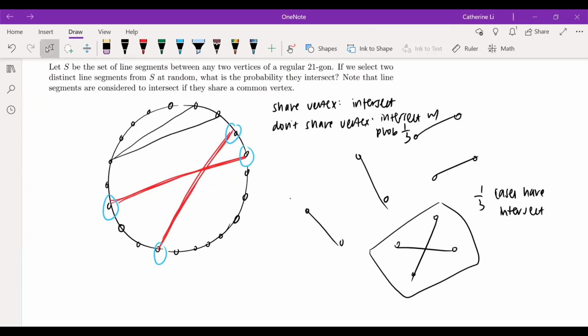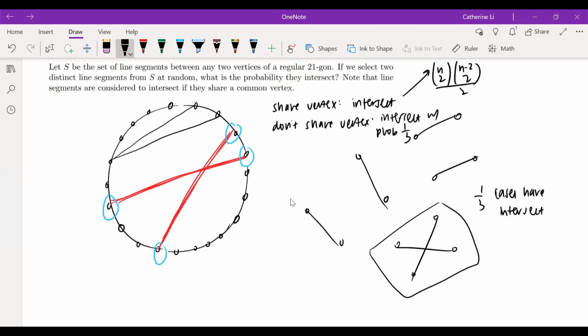The number of ways to select pairs of segments that do not share a vertex is n choose 2 times n minus 2 choose 2 over 2. Because we need to choose 2 vertices for the first segment and 2 for the second segment, but the order in which they're chosen doesn't matter.